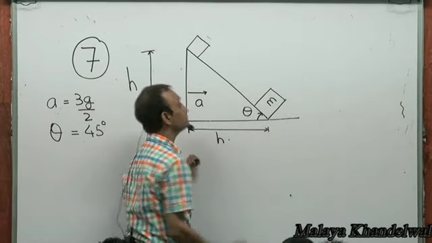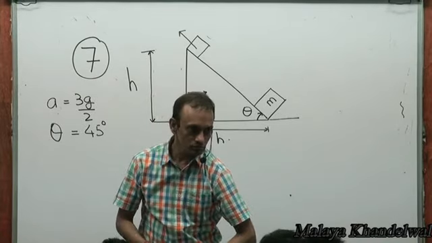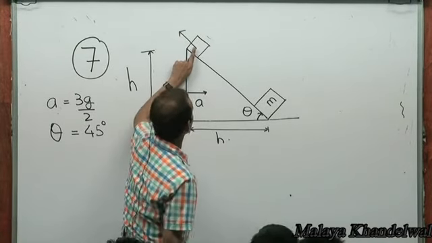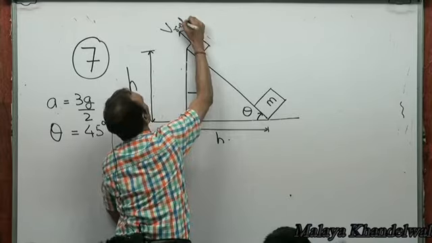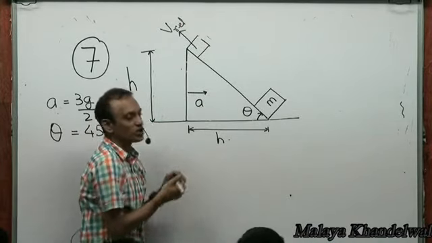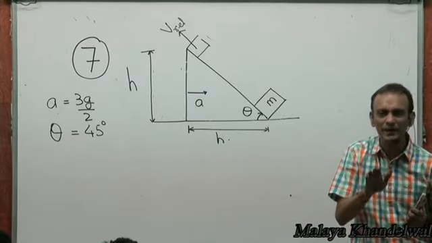And it leaves the, see, the velocity of small m with respect to the inclined plane would be along the plane. Otherwise, it would have lost contact with the plane, right? Yes or no? So by the time small m reaches this point, it would have had a velocity vrel with respect to the inclined plane, which would be parallel to the inclined plane, isn't it?